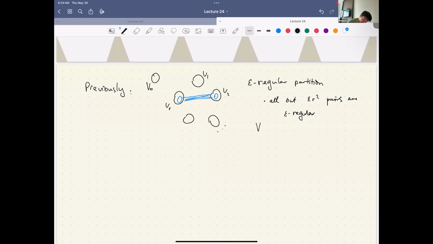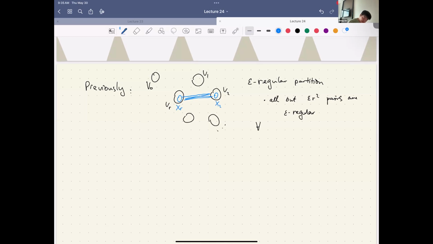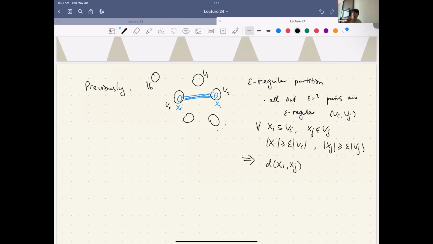So this just means for any xi in Vi, let's say ViVj is regular, and xj in Vj with size at least epsilon size, then the density between xi, xj, meaning the number of edges between xi, xj normalized by xi times xj, equals the density of ViVj plus minus epsilon.